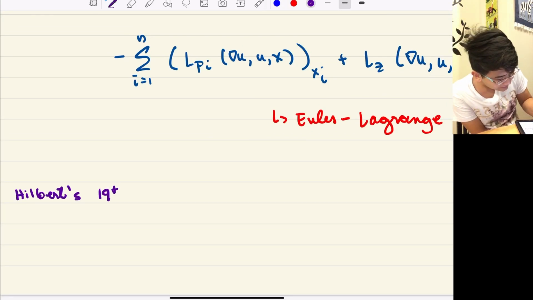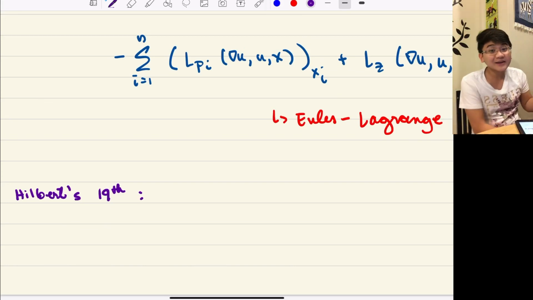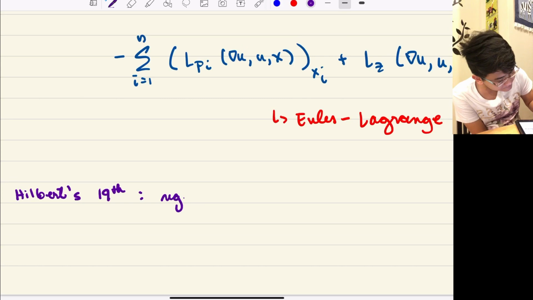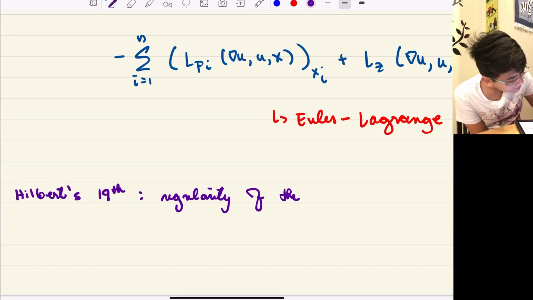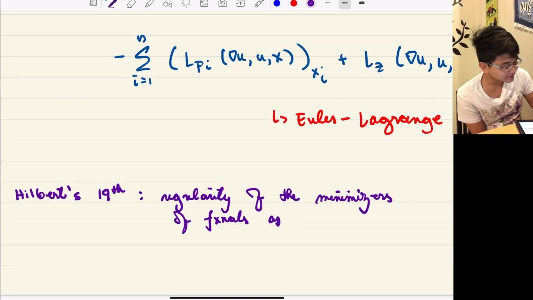Hilbert's 19th problem looks into the regularity of the minimizers of functionals appearing in the calculus of variations.